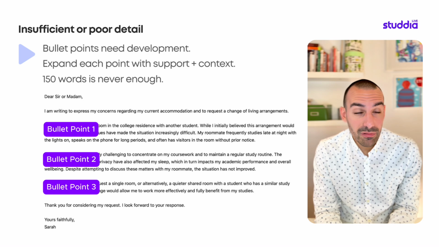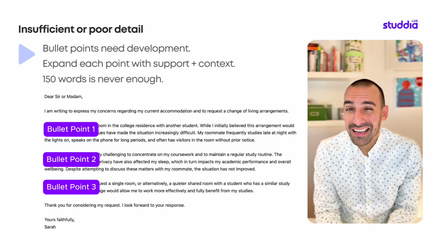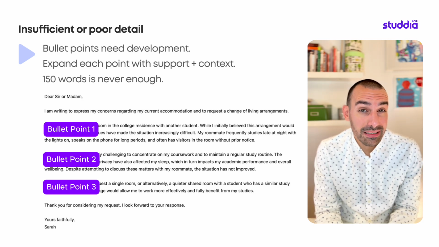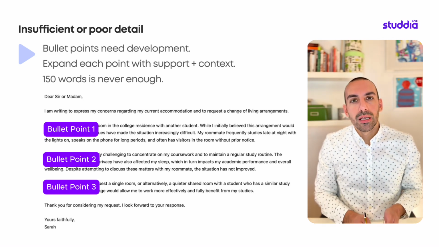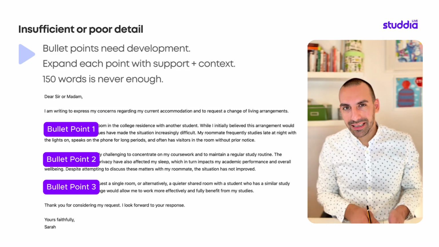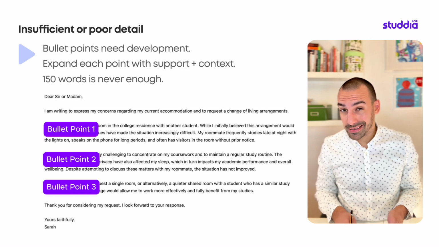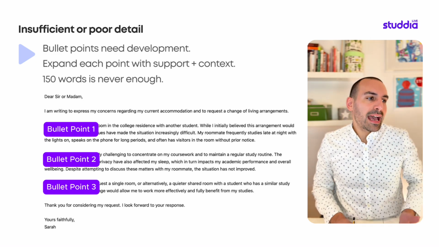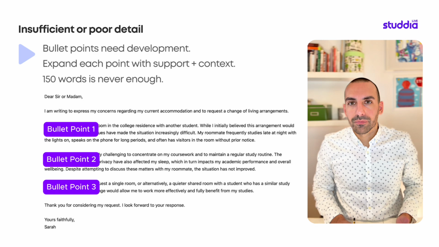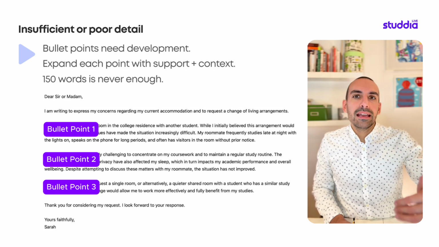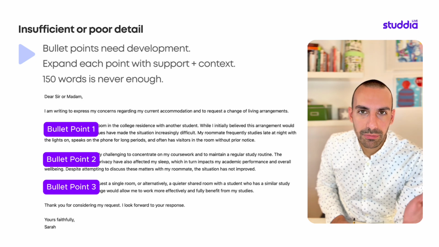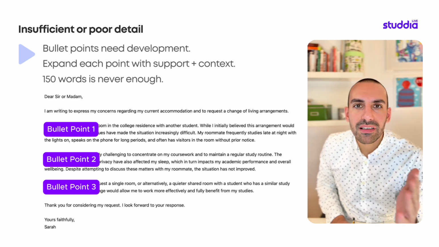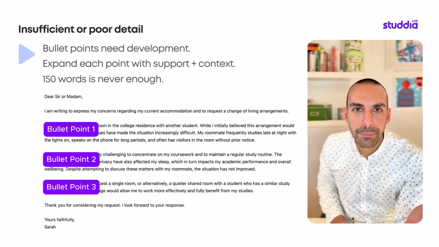In most cases, you need a minimum of 180 words to write a coherent letter. Each bullet point should be expanded with at least a couple of supporting sentences. If the task says, for example, explain why you need time off, don't just write one sentence and stop. Explain what's happening, give some context, tell a little story.